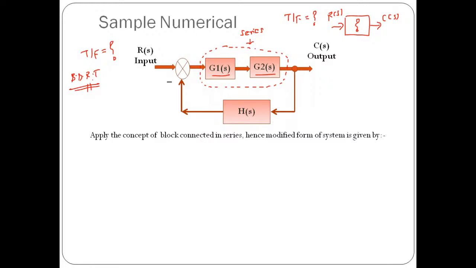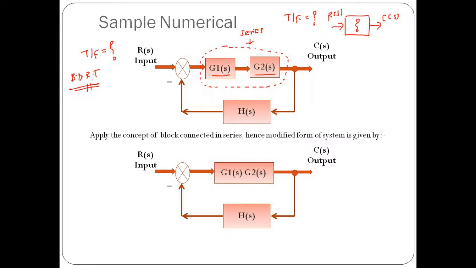We identify that G1(s) and G2(s) are connected in series configuration. So the modified system is given like this. Now instead of mentioning two separate blocks, we have mentioned only one block. Now the gain is going to be G1(s) into G2(s).